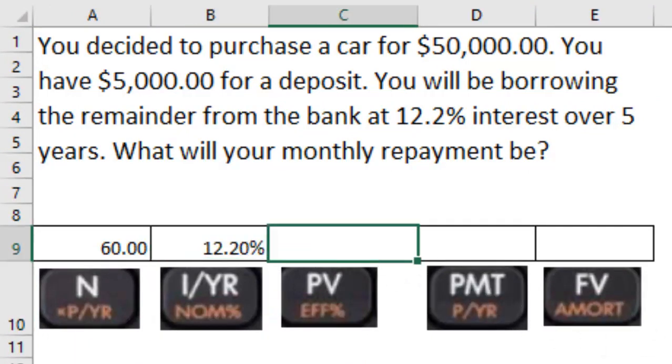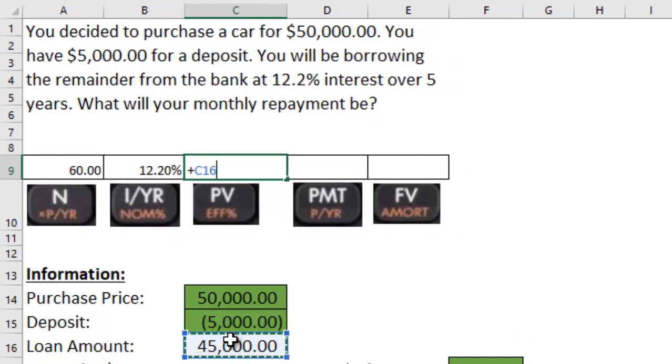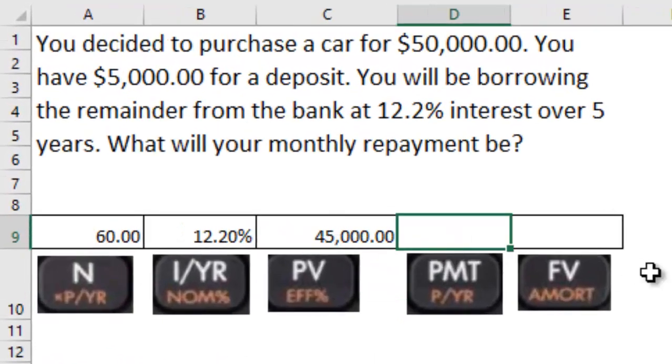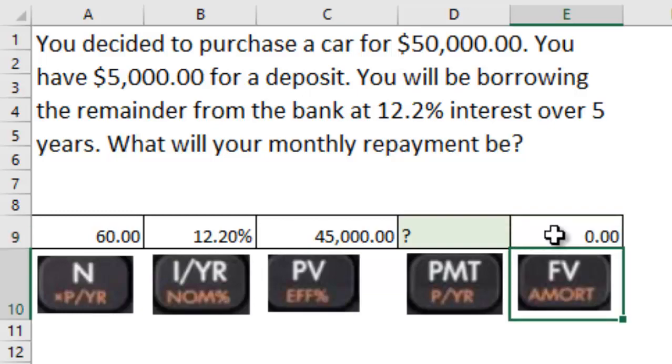We know our present value, or what we are borrowing. Remember, we're borrowing it, we're receiving it, so it is a positive, 45,000. We want to know what the payment is, and we know our future value. Obviously, after the 5 years, we will have paid it up in total, so we won't owe anything anymore.